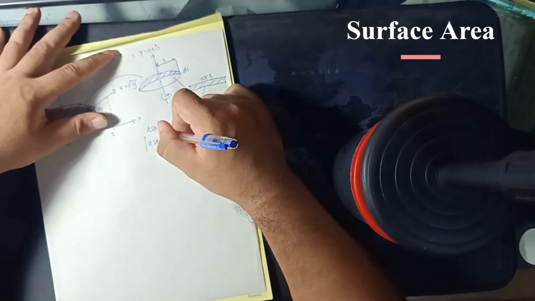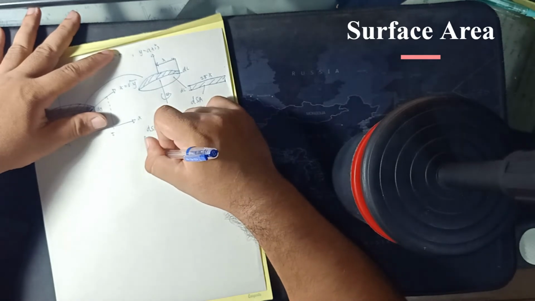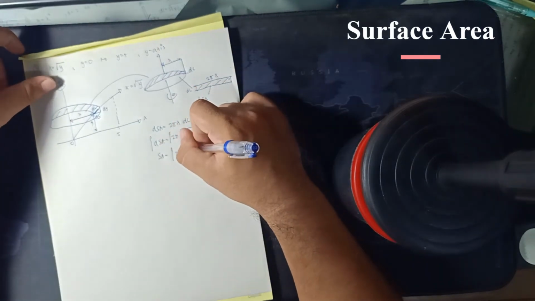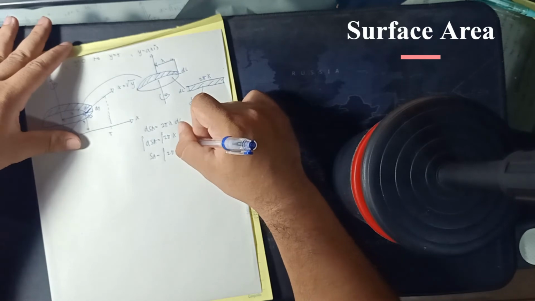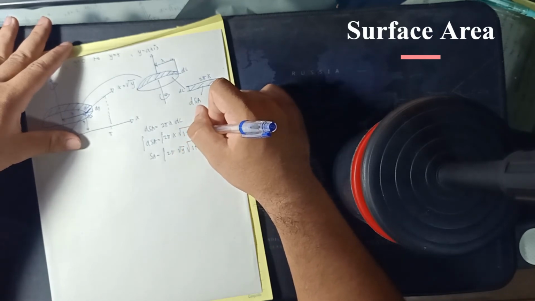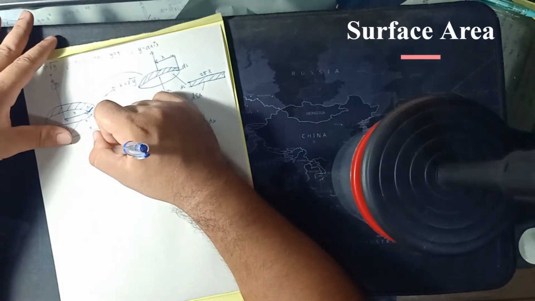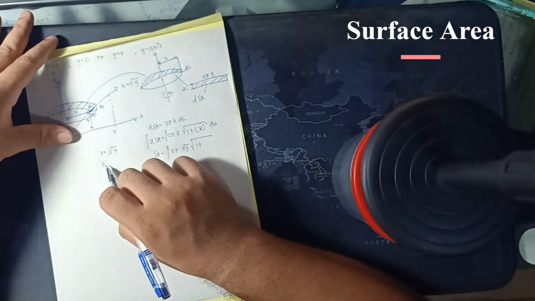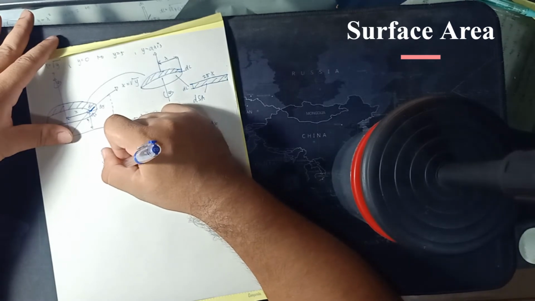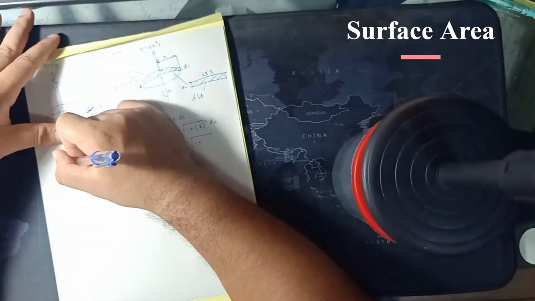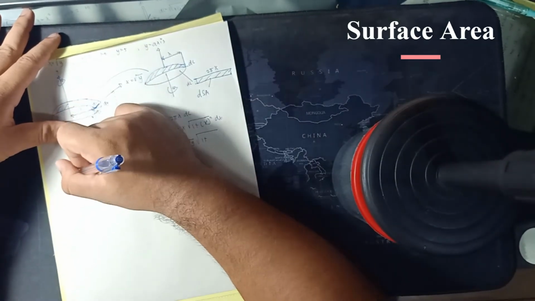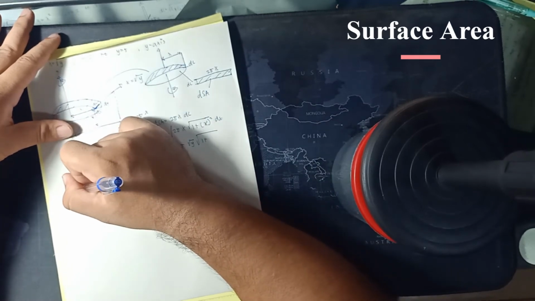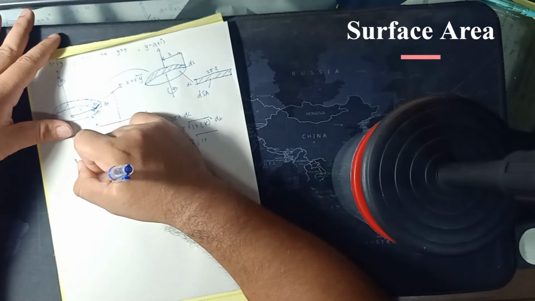If we take the integral of the differential surface area, this is now the surface area: the integral of 2 pi x, where x is square root of y, times the square root of 1 plus the derivative of x. Since x is y raised to 1/2, its derivative is 1/2 y raised to negative 1/2.